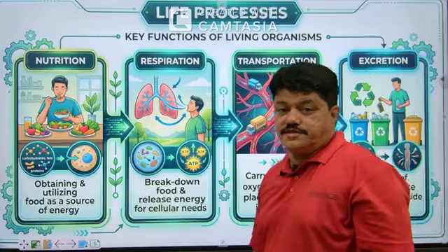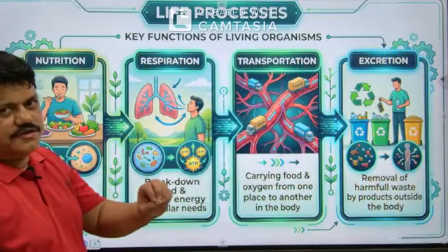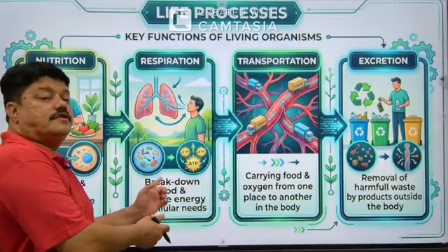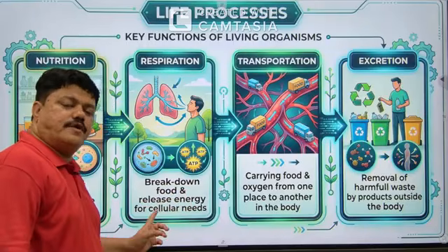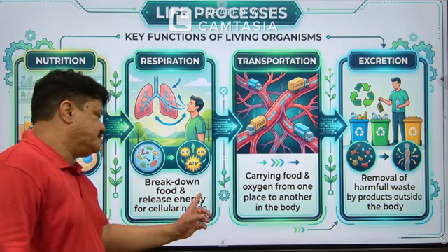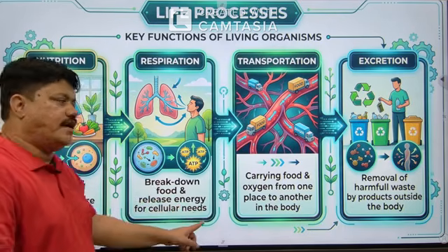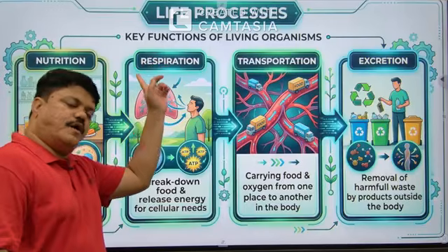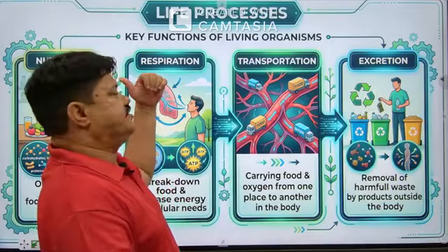What is respiration? The food comes into the body due to nutrition. Now within the cells of the organism, this food breaks down and releases energy for cellular needs. The energy providing process is called respiration. The food providing process is nutrition.